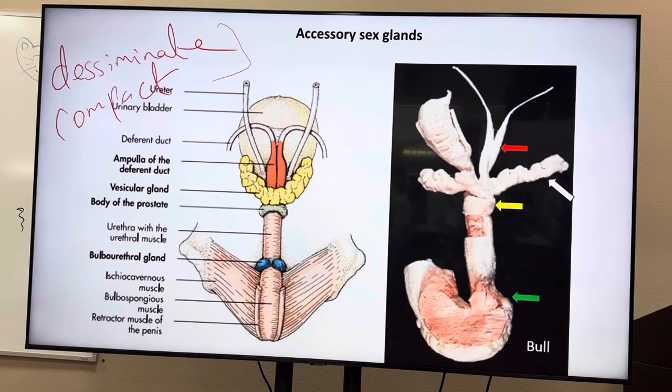The compact part is usually the lateral portion, and the disseminate part is the internal portion.